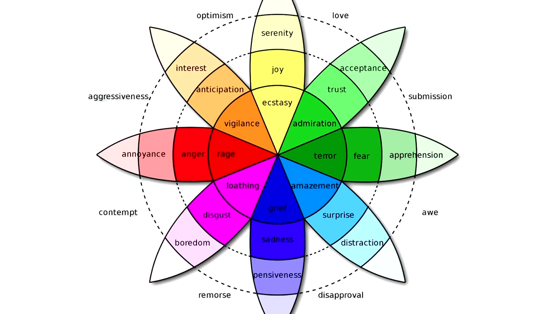Let's look at these. At the top, look at 12 o'clock and 1 o'clock here. We have joy, serenity on one side, trust, acceptance, and then the unification of those being love. Right down, let's now look at 6 and 7 o'clock here. We have grief, sadness, pensiveness, loathing, disgust, boredom, giving us remorse.